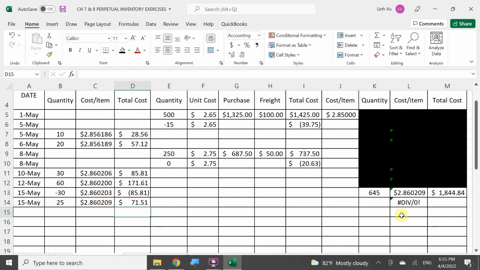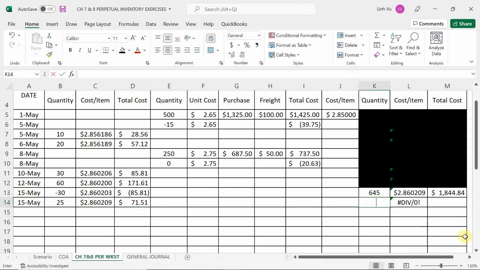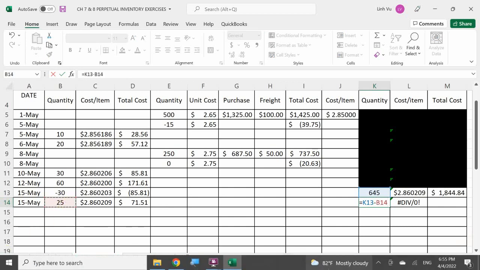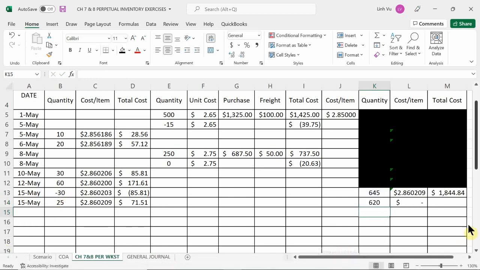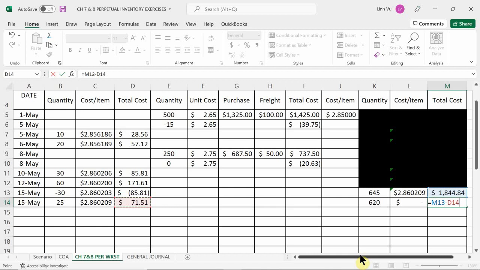Okay? So I need to adjust my inventory because I started with 645 units, but I sold 25 of them to get a total of 620. And I also need to adjust my inventory value here because I sold $71.51 worth.